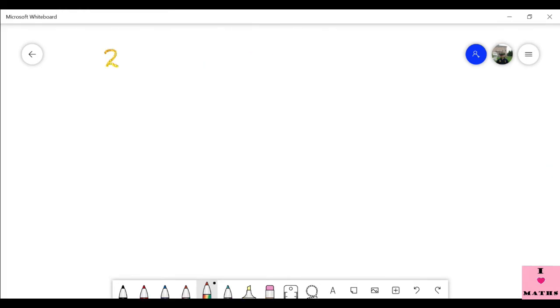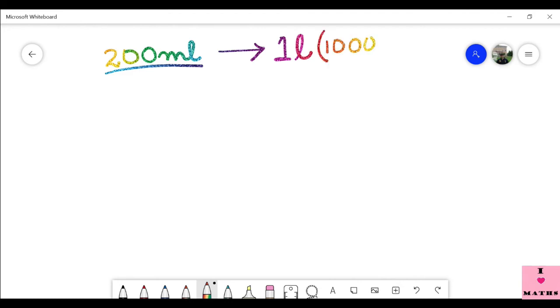If we have a 200 milliliter bottle and we want to use this bottle to fill up 1 liter bottle. Now 1 liter is 1000 milliliter.